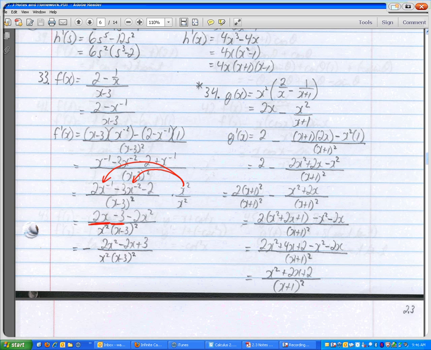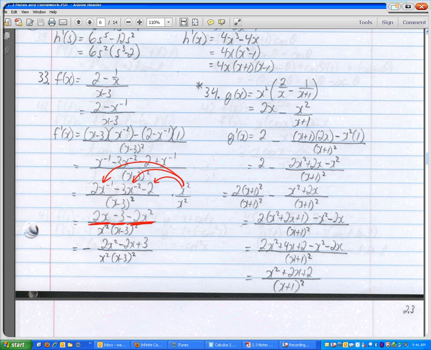Add the exponents. That's an x to the 0. What is x to the 0? 1. What's negative 3 times 1? Negative 3. And then negative 2 times x squared is negative 2x squared. See how well that works? What if I'd had an x to the negative 7 as my most negative?